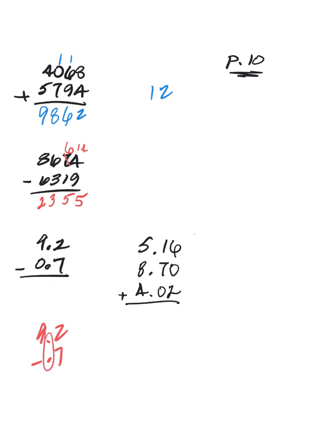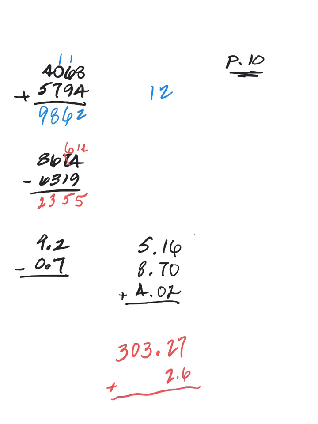In this case, they're going to be without any problem, but there are some times where you might have to make that decision. So let's say that we're going to do 303.27, and we're going to add 2.6. So that's one way that students often line these up.